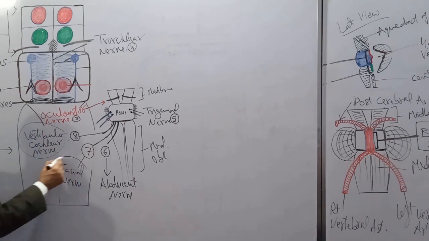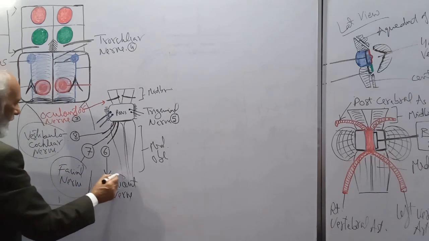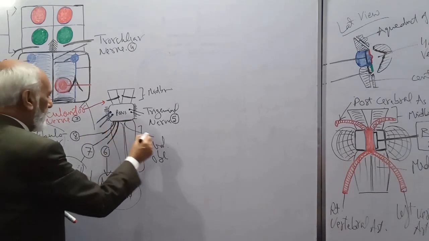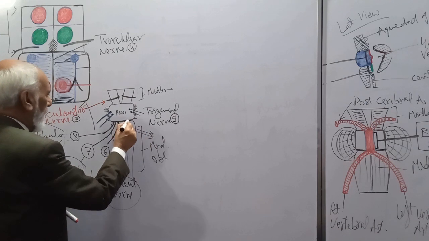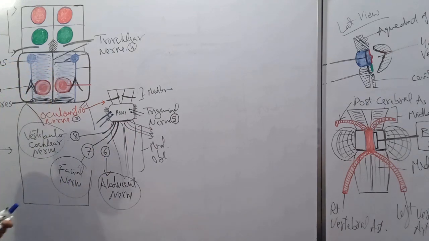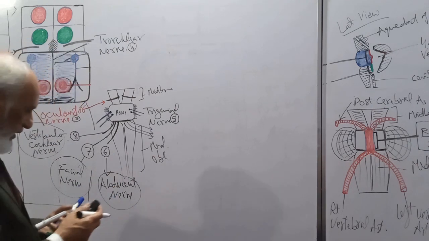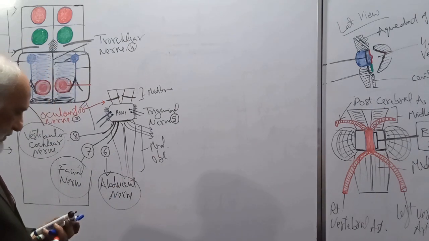So these three cranial nerves, the abducens nerve, then the facial nerve, then the vestibulocochlear nerve on each side, arise at the pontomedullary junction. These were the surface attachments of the nerves.